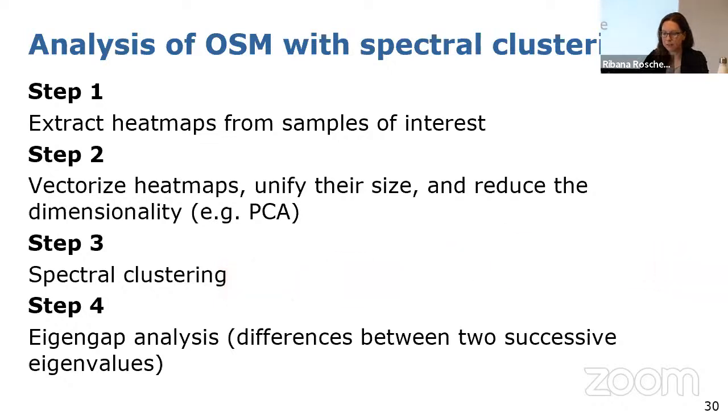I will tell on the next slide what it is. Then you perform an eigengap analysis, because spectral clustering depends on eigenvalue decomposition. The eigengap analysis gives you an indicator of how many clusters you should get from the data, or when clusters are not really distinguishable from another cluster anymore.